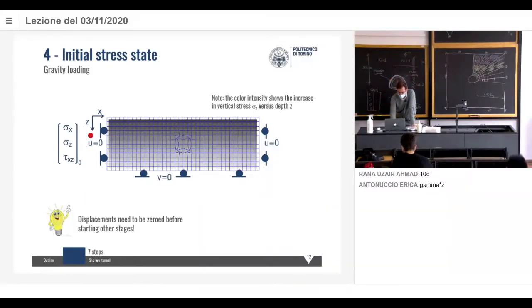So we have to assign gravity in the vertical direction, and this is the result. With the color scale, you see dark color is 0 and the white color is a higher value. So after the computation, the stress is increasing with depth, which is exactly what we wanted to get, because in this case, we want a triangular distribution of the stress.